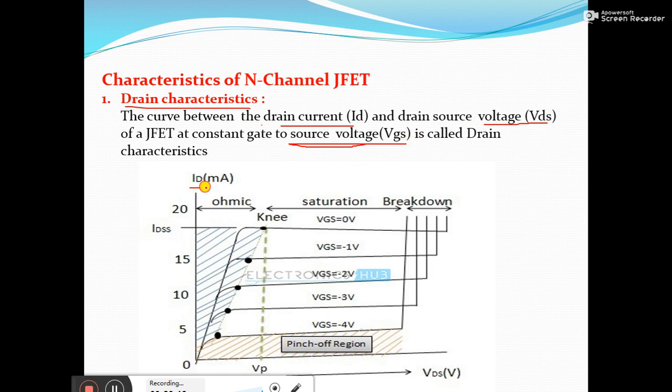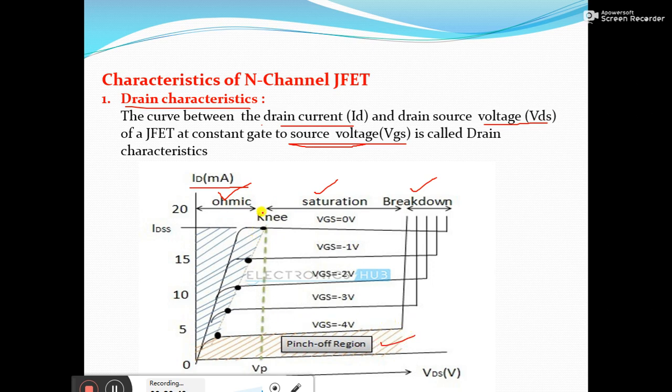Here you can see the drain current ID is taken along the y-axis, and VDS, the voltage between drain and source, is taken along the x-axis. The curves are drawn for different constant VGS values. As we can see from the characteristic curves, there are four regions of operation: first is the ohmic region, second is the saturation region, third is breakdown, and the fourth is the pinch-off, or cutoff region.